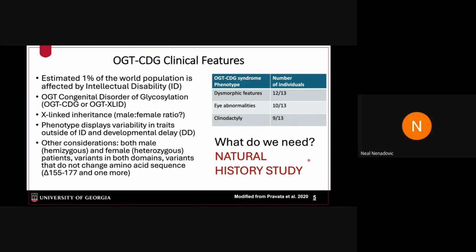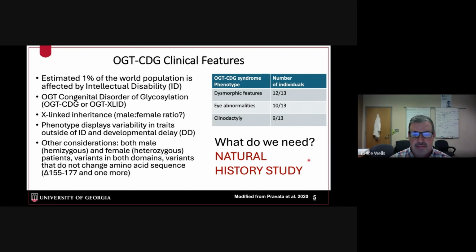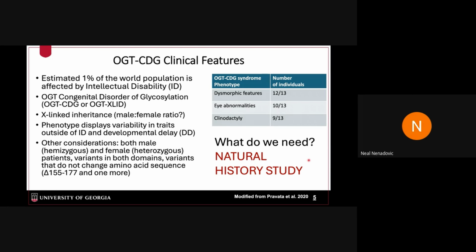I agree with you because another wrinkle is my daughter, probably because of this mutation, had infantile spasms at 6 months. We didn't know about OGT, and it was a horrible experience, but it probably was a sideshow. So to this day, we don't know how much of her intellectual disability comes from OGT and how much is lingering effects from the seizure history.